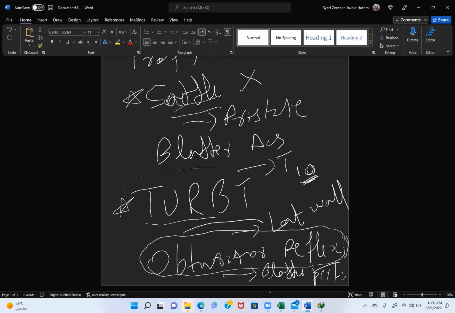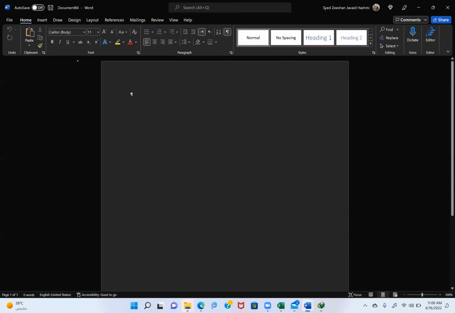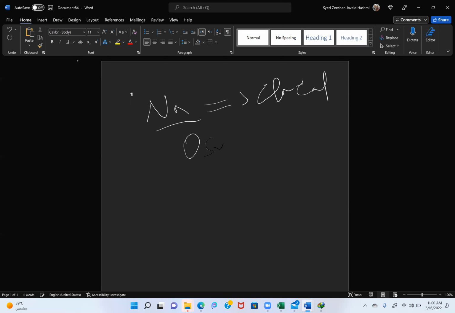So these are some additional points about TURP, and then they will ask you how to assess the sodium status. It will be clinical, then measuring osmolarity and ABGs. Then you will be calculating the sodium deficit.